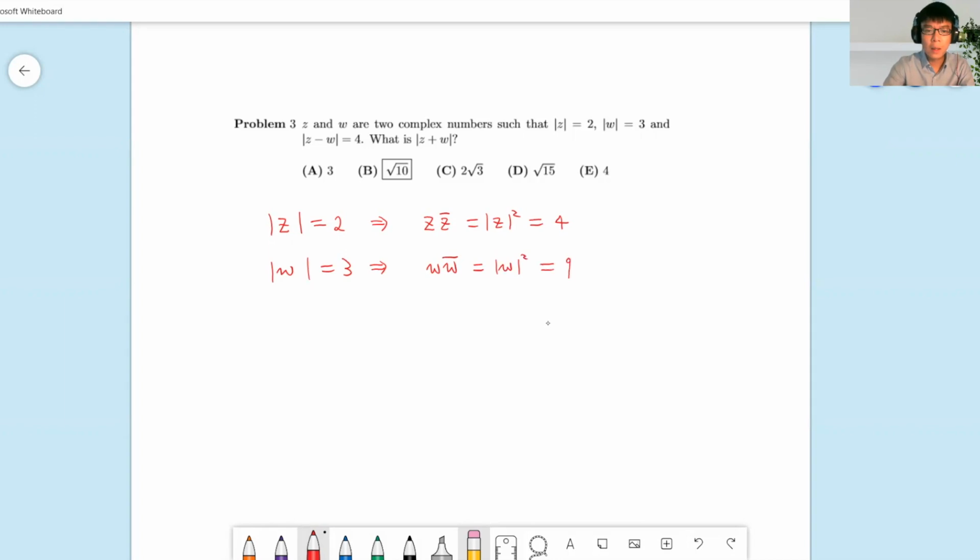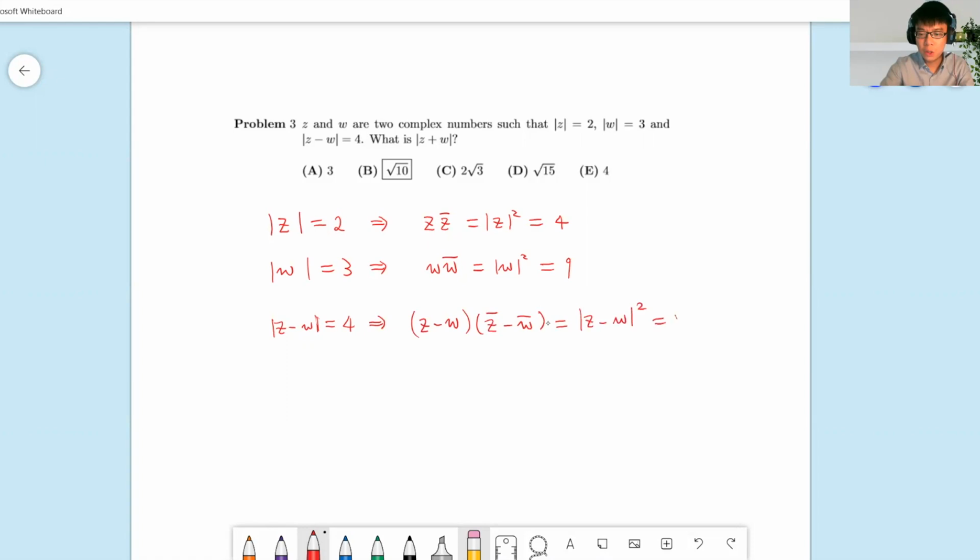All right, next, let's apply this to Z minus W. Z minus W has modulus 4. So we see that Z minus W times its conjugate, Z conjugate minus W conjugate, is basically the modulus of Z minus W squared.